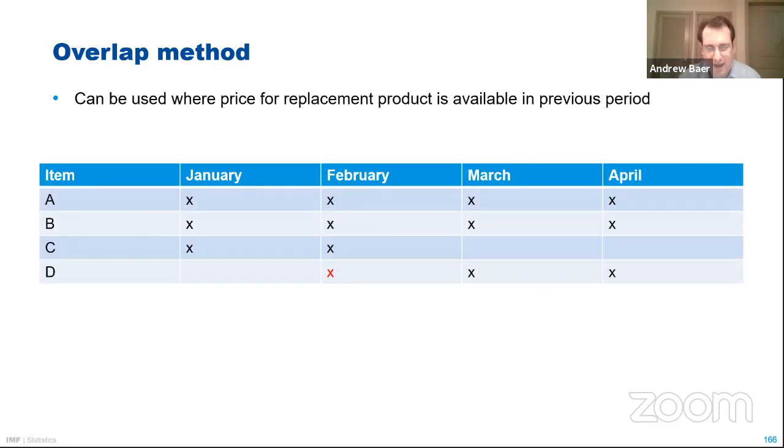So let's say we have an elementary aggregate with 3 items, item A, B, and C. In February, actually, let me take that back. In March, item C stops being produced.